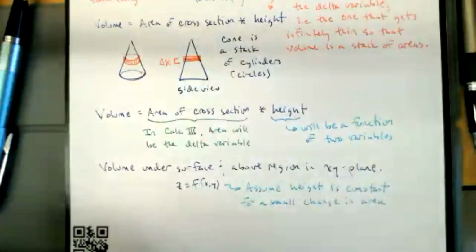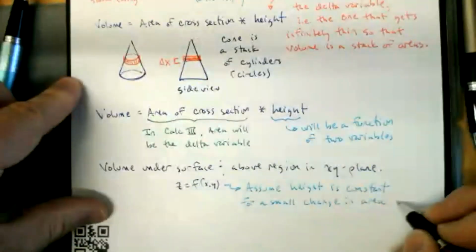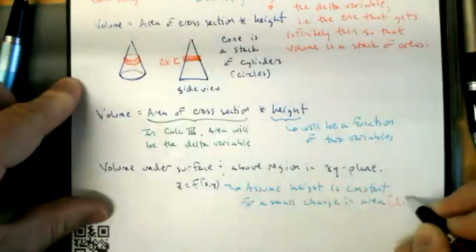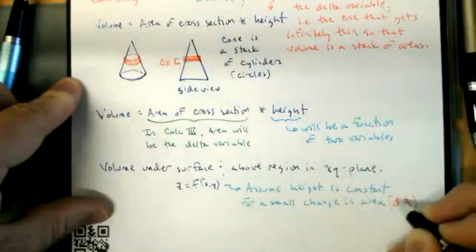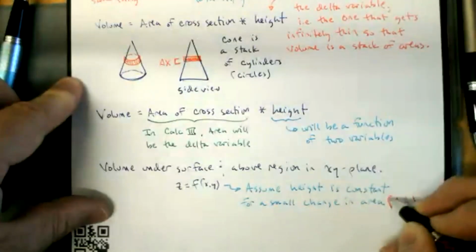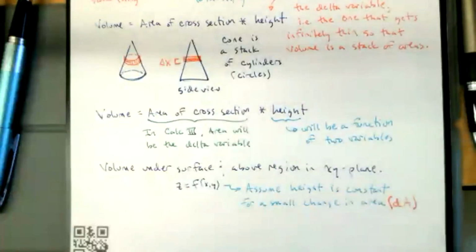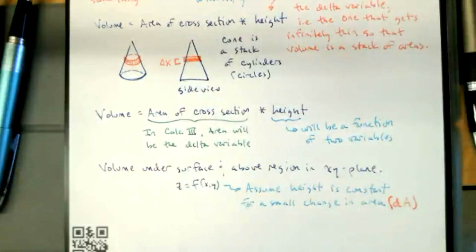That small change in area will be a dA. Once the height is constant for some small change in area, then we get to multiply the height times the area.